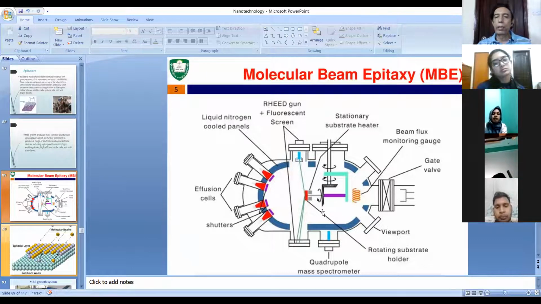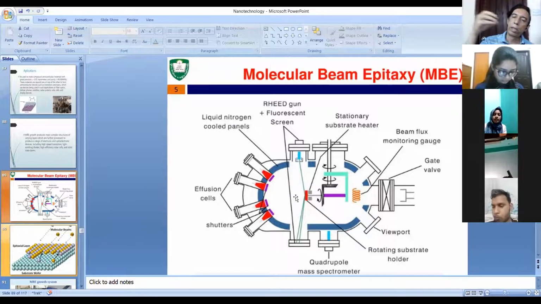So it is a rotating substrate holder, and you can move this substrate also. Say, for example, one beam is going out, so you can move this substrate directly to the path of the beam, so that the atom or the molecule of the beam will be adsorbed to the substrate at the exact position.